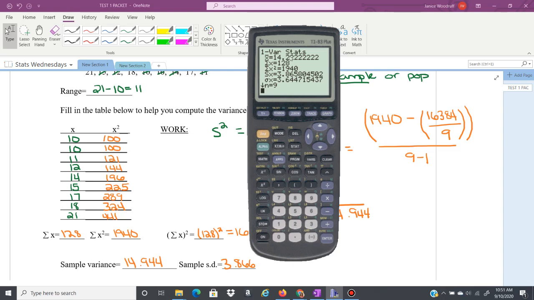Okay, so what this information is telling us, you have that X bar of 14.2. This is in the context of long jumpers.